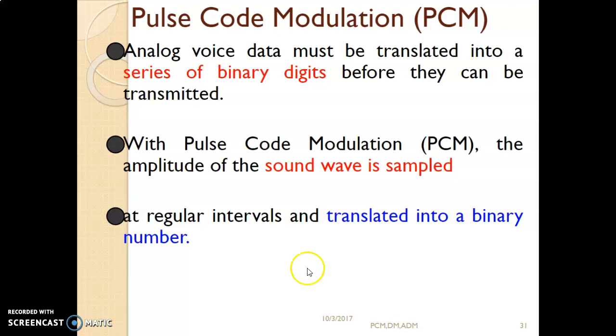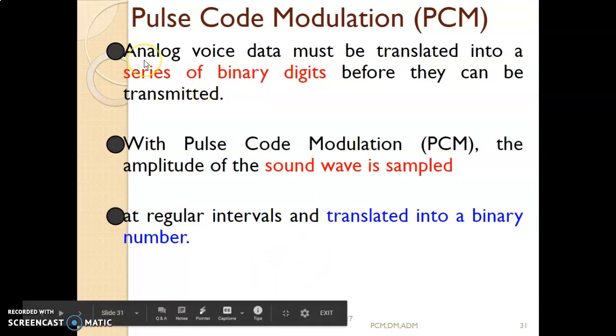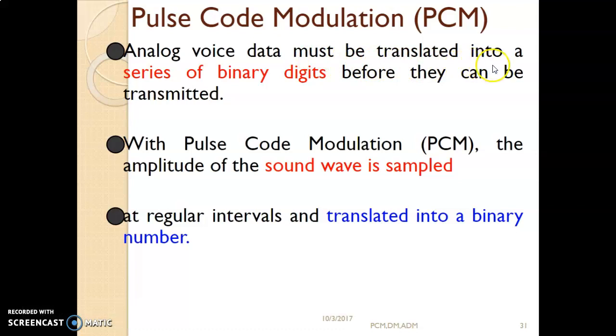Pulse code modulation is a technique in which the analog voice data must be translated into a series of binary digits before it can be transmitted. So, pulse code modulation is one of the techniques in which the analog signal is transmitted by converting it into digital, and with pulse code modulation, the amplitude of the sound wave.